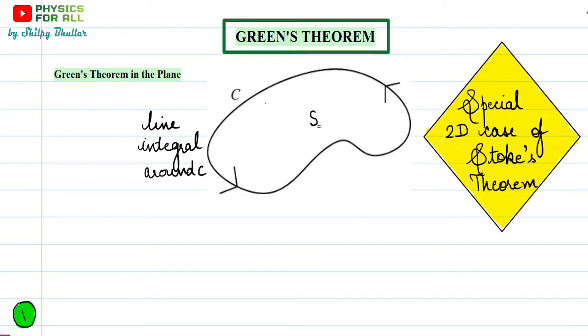Being a closed curve, it is enclosing surface S. And for a curve, since it just represents one dimension, we talk of line integral, and for the surface S, since this represents two dimensions, we talk of surface integral, right? So for this surface, we have to find the double integral.